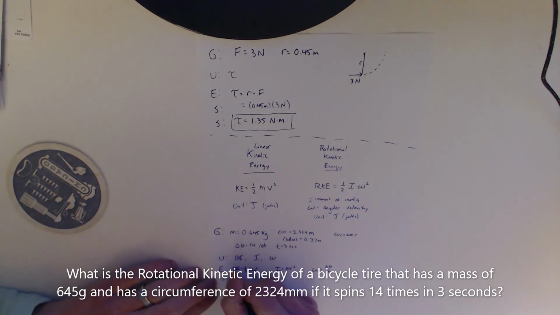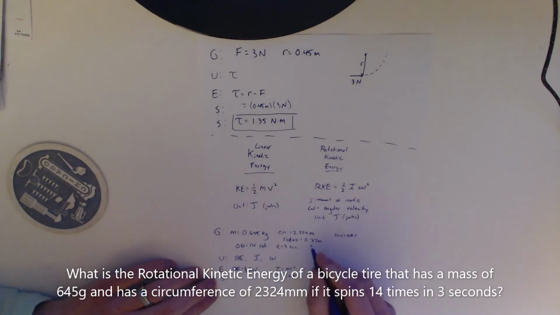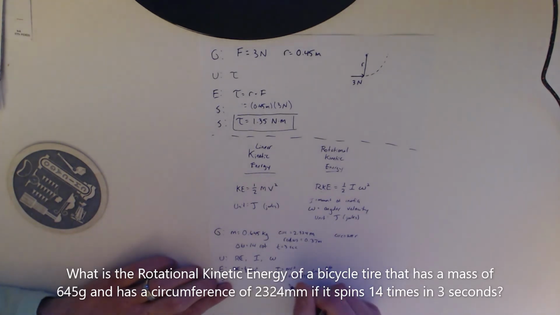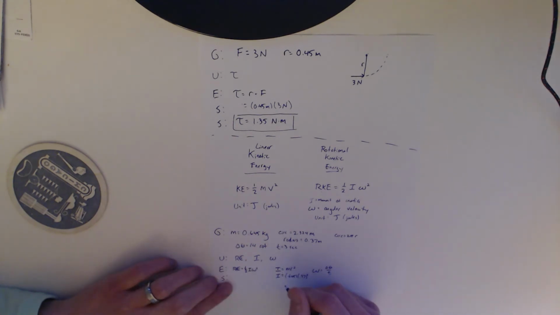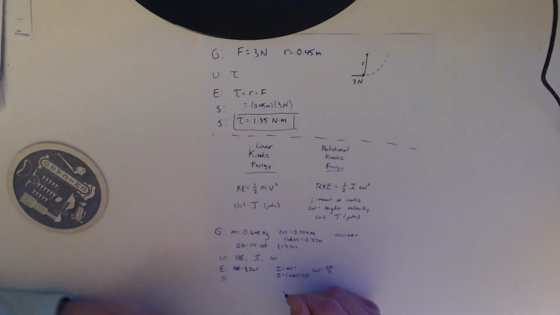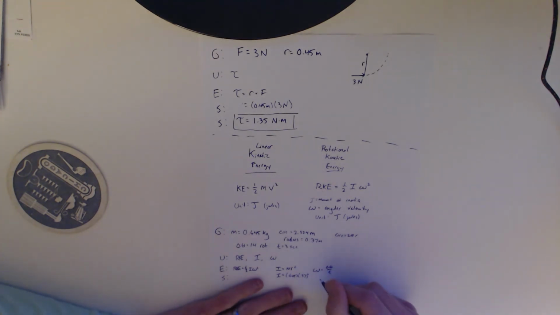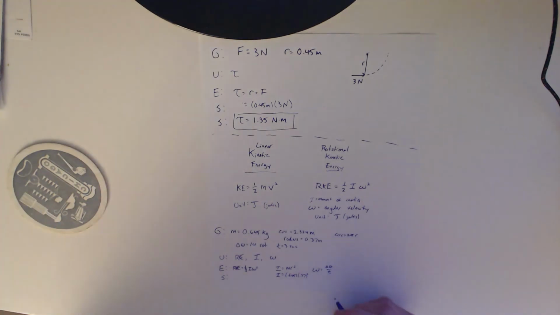So we substitute those. We don't know RKE yet, but the moment of inertia is going to be the mass, 0.645, times the radius, 0.37, squared, and that solves out to be, in the solution I have on the answer key, I just did it all at once, but I'll do it piece by piece here for you.